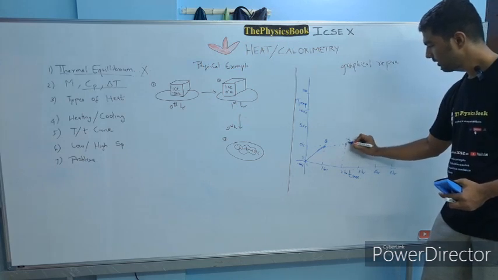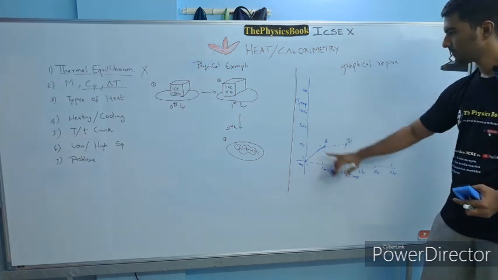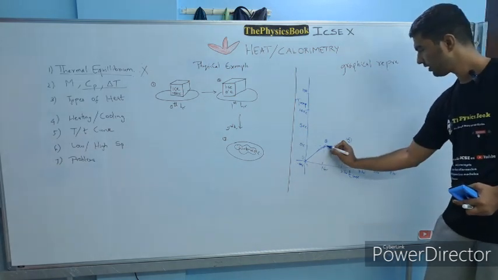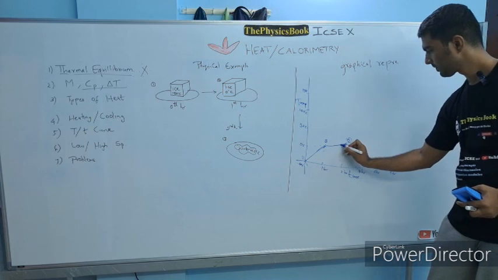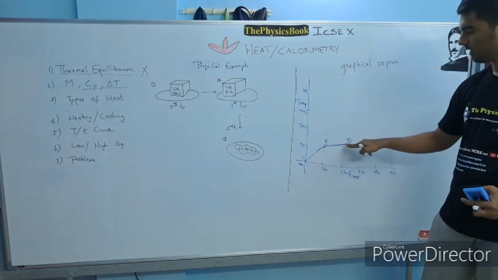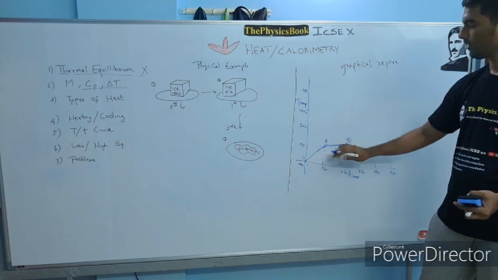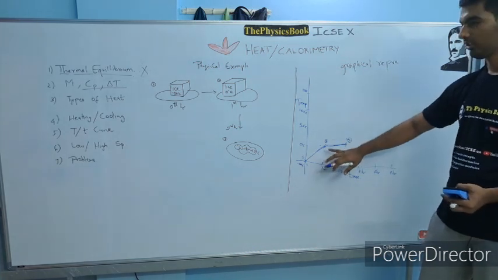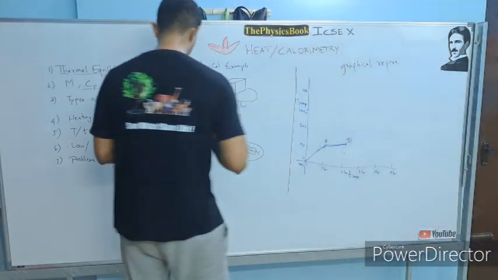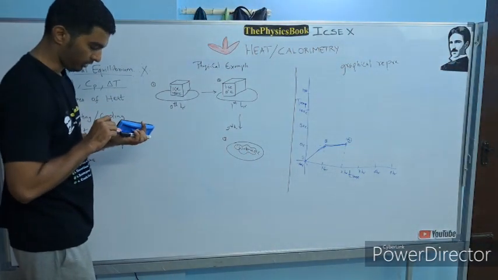So this is your point 3. At the 2nd hour, the water is at 0 degrees Celsius. So the line will be like this, horizontal. What is happening between this 2 and 3? The line is horizontal. What is happening there? We'll see that as well at a later point in time after completing this graph. So now coming back to the physical representation.